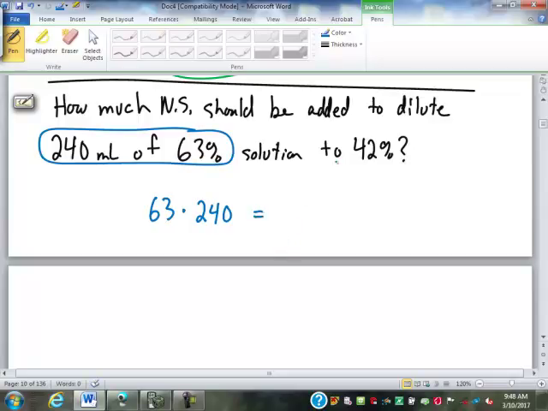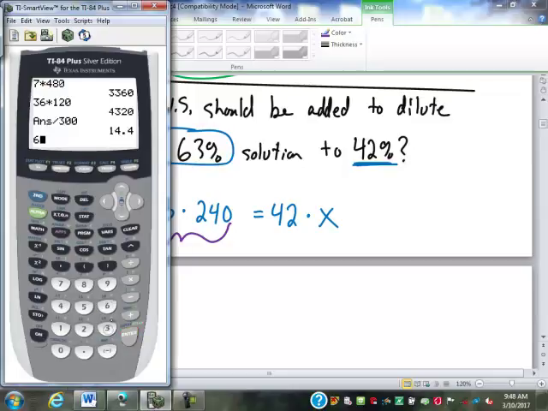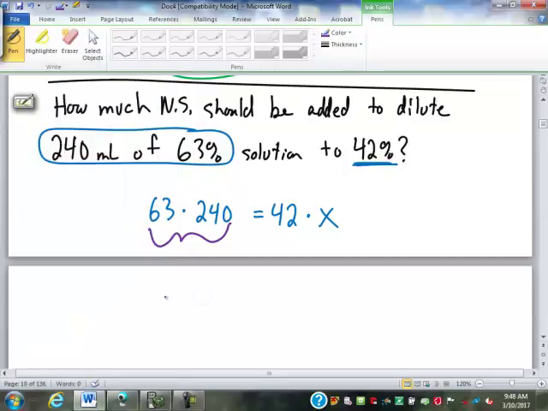On the other side, this time we know the concentration. We want the 42%. We're looking for that volume. So we'll do the 63 times 240, which is 15,120.